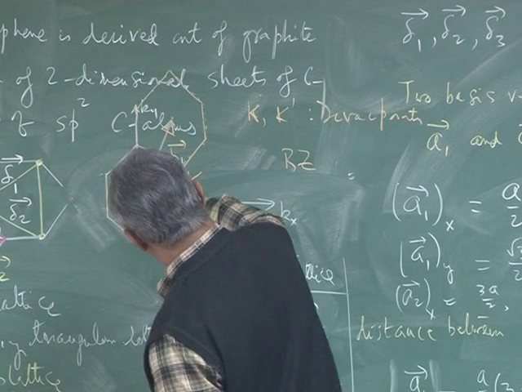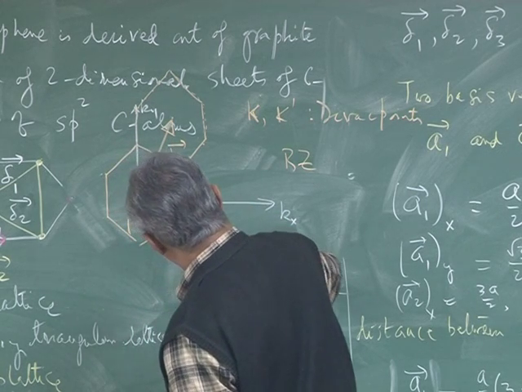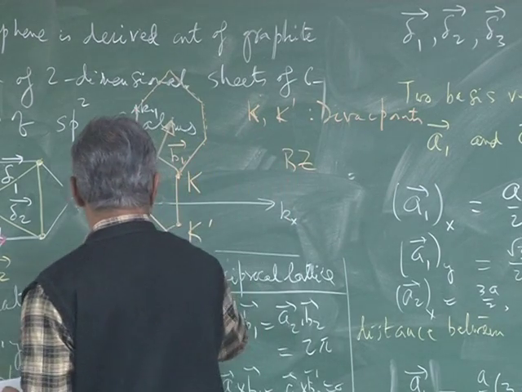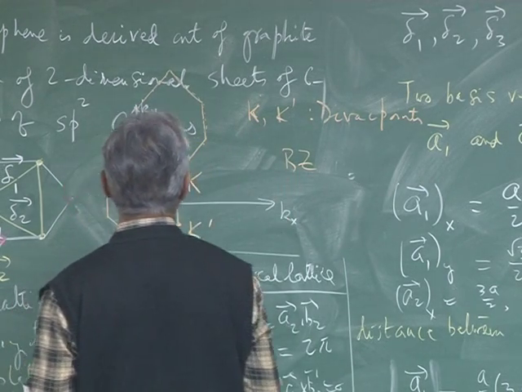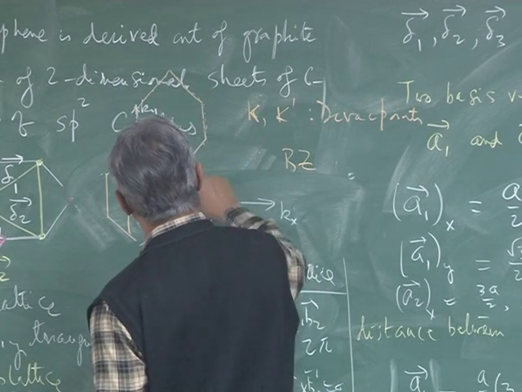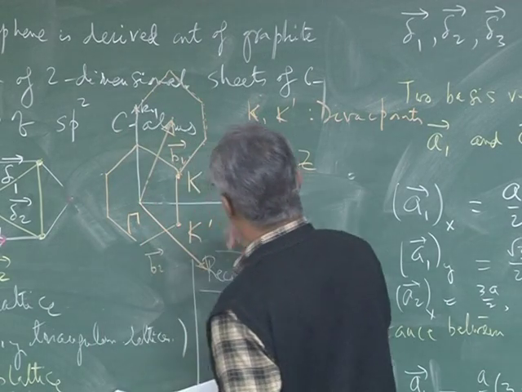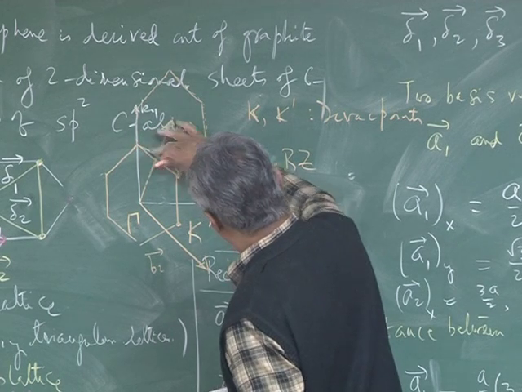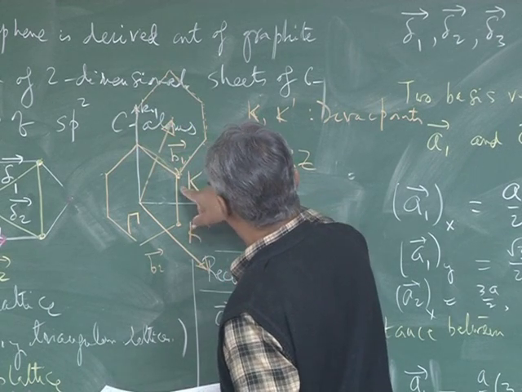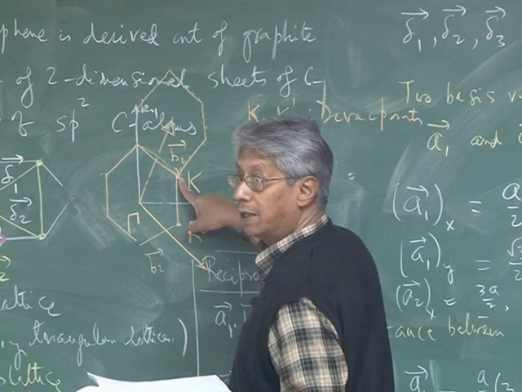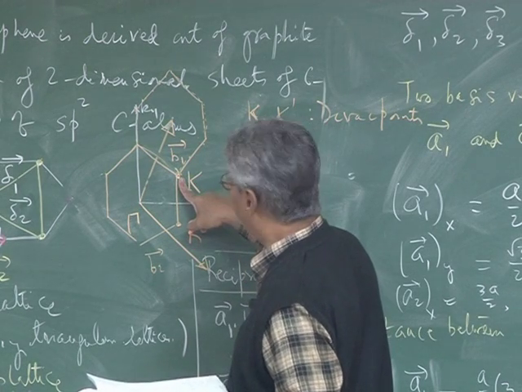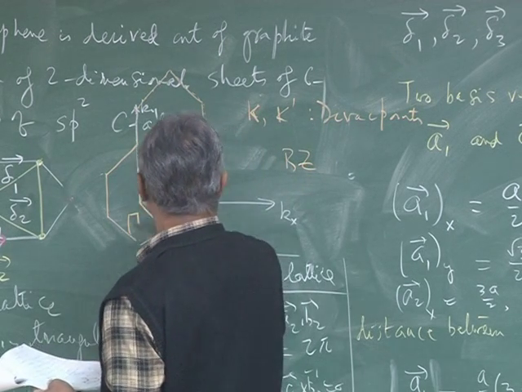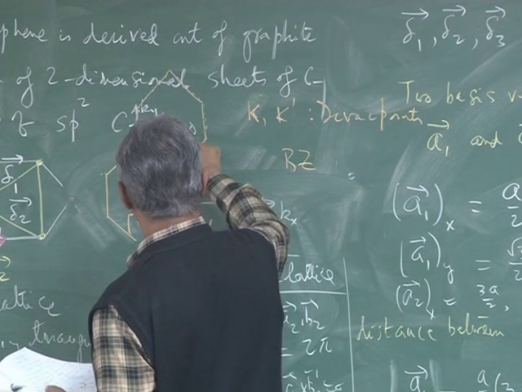And so B2 is a vector which will similarly connect the center of this honeycomb to the next one. So this is B2. It's very clear from this picture, though it's not very accurately drawn here, that if you now try to write down the K vector components, its X component will be this much, and its Y component is actually 1/3 of this.